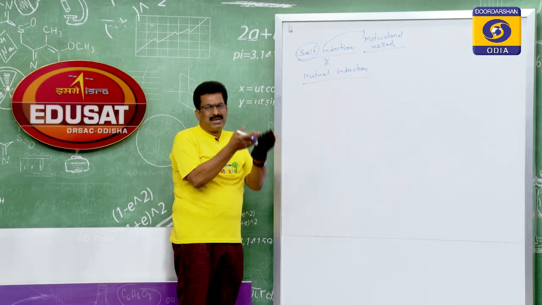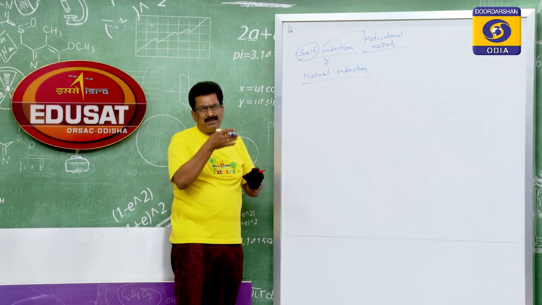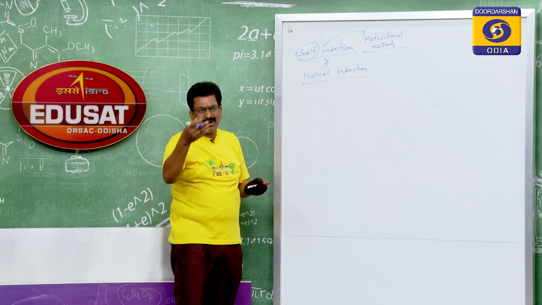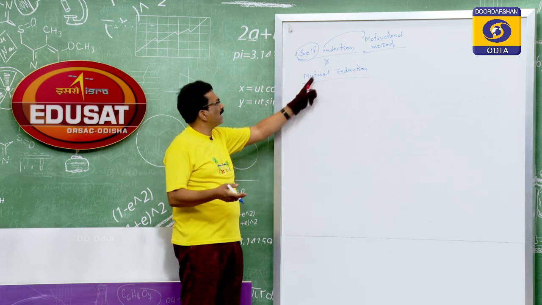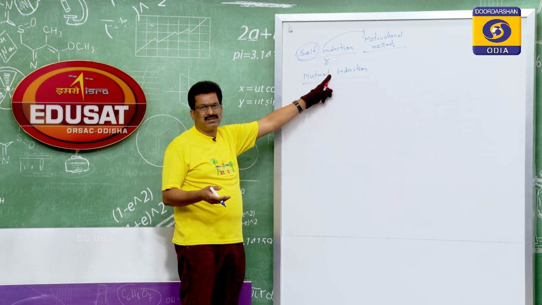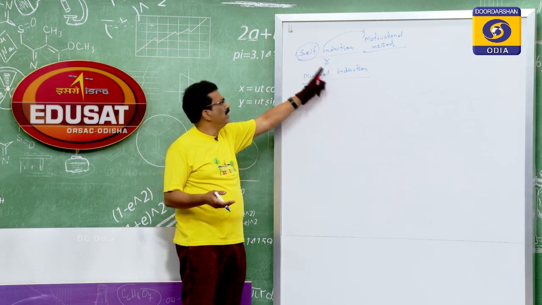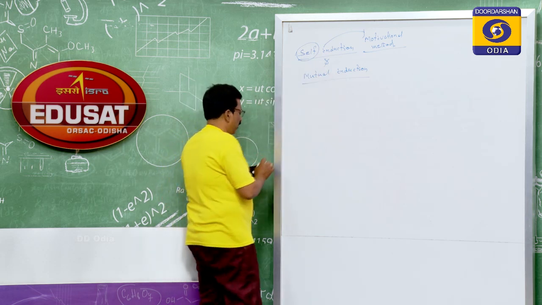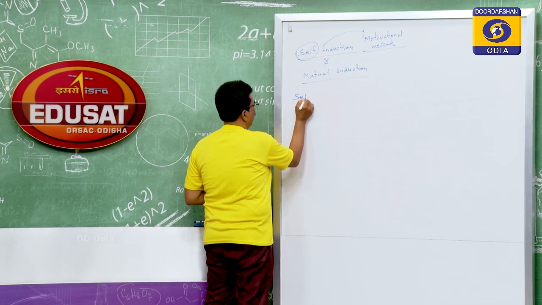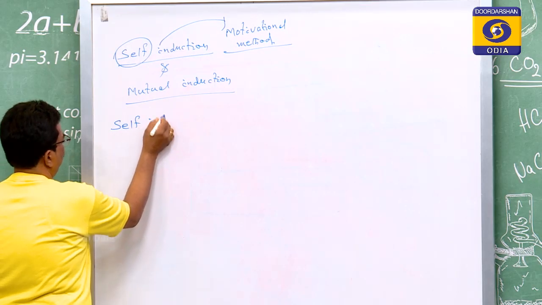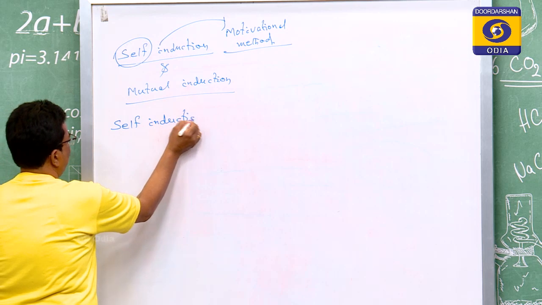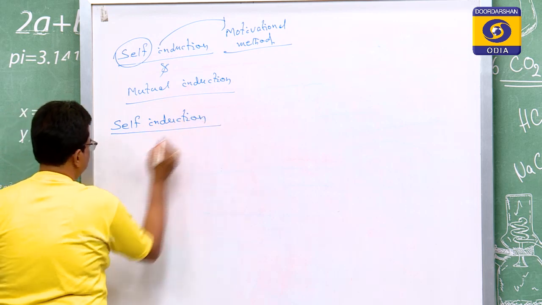If something is developed in one and a similar thing is developed in the second one, then that process is known as mutual induction. So let us now first go for self induction.